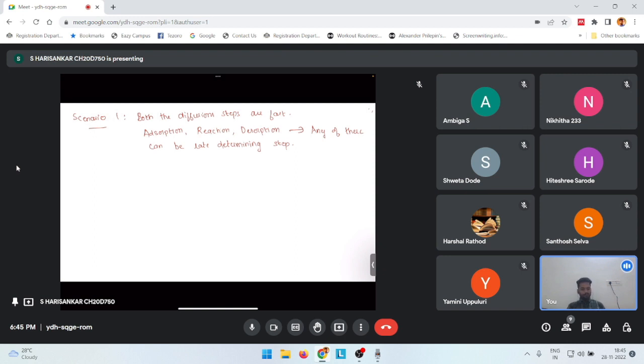Then we can have another scenario like this, where all your steps except external diffusion are fast. So that means external diffusion is rate determining.